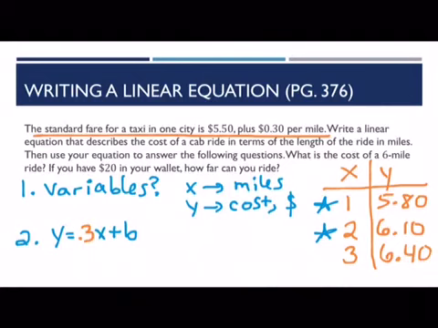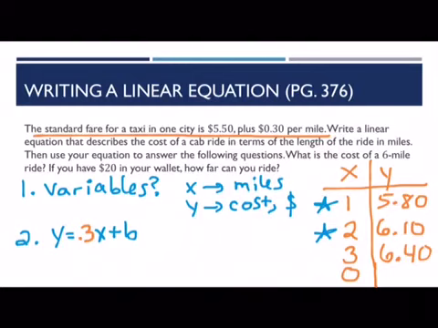Now the other thing I need to complete the equation is the y-intercept. So we can find this in 2 different ways. First of all, I mentioned earlier in this video that b is really the point (0, b), or the y-intercept, or when x is 0. So if you know enough about this problem to think about what the cost would be if the ride were 0 miles, then that would tell us what the y-intercept is.